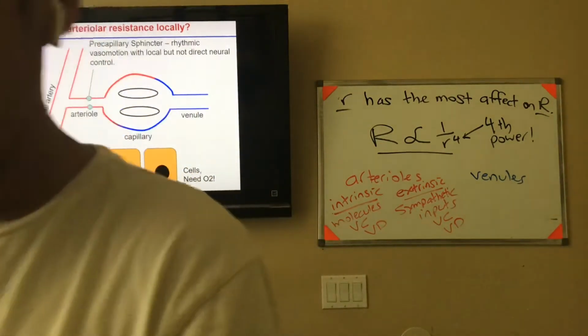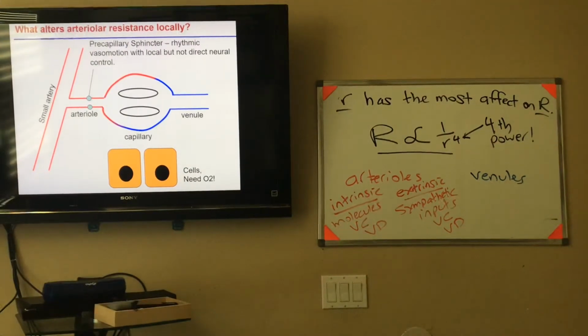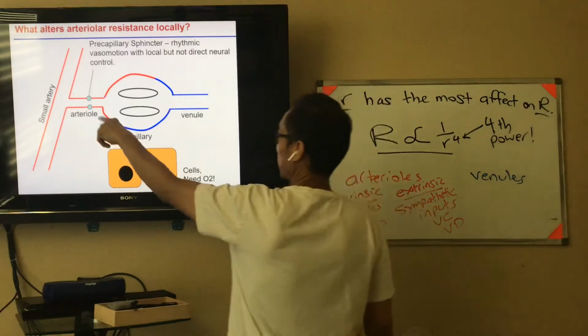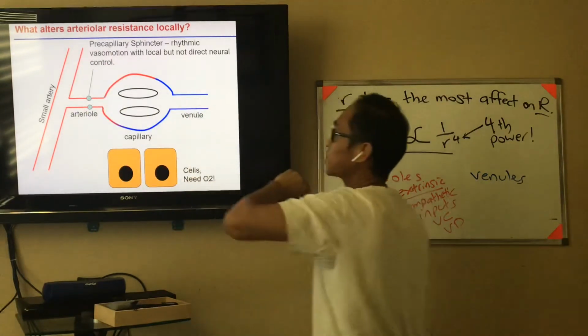So what molecules alter arteriolar resistance locally? In my little diagram here, I have a small artery branching off to our arteriole, which supplies the capillary bed and the venule, and I've illustrated the precapillary sphincters.